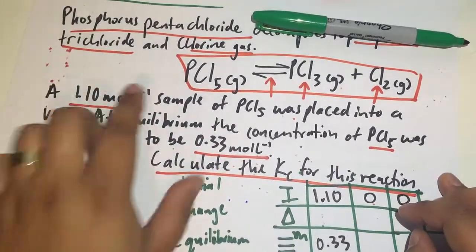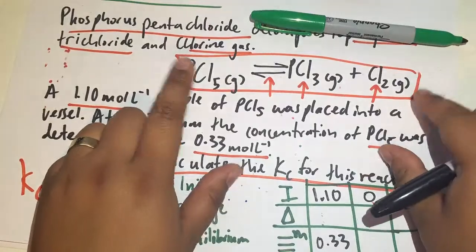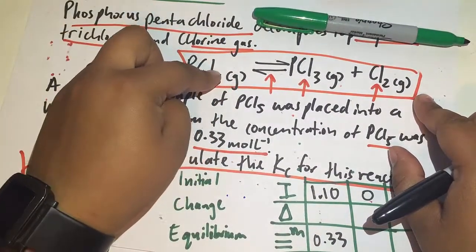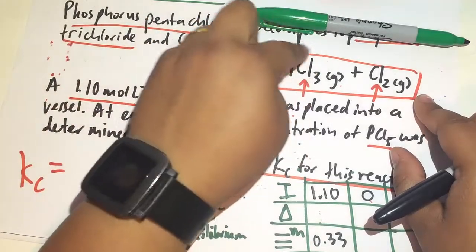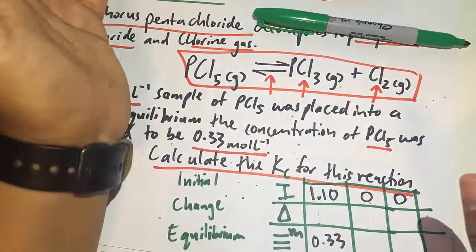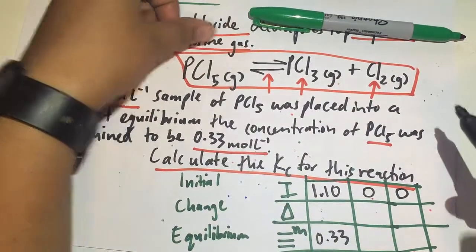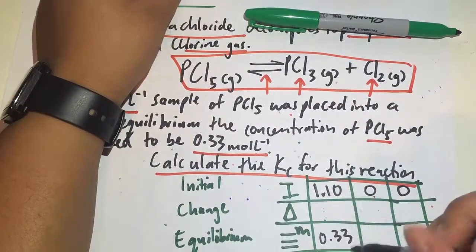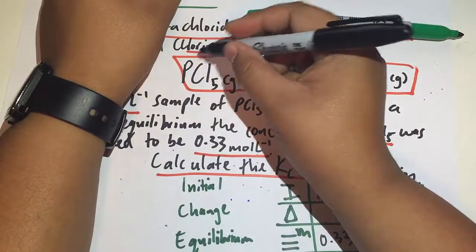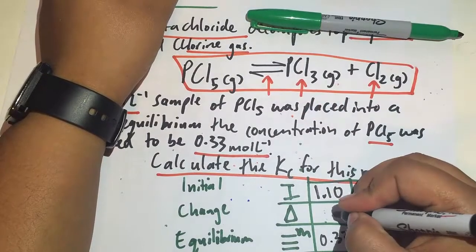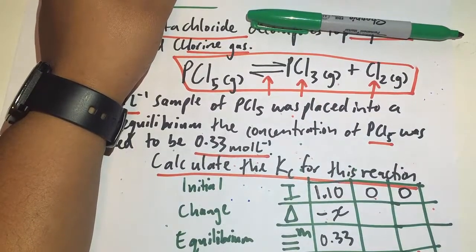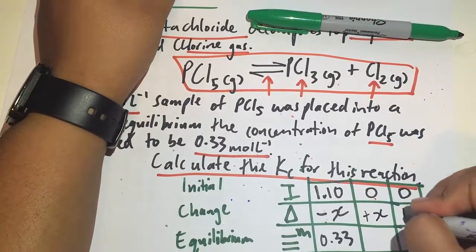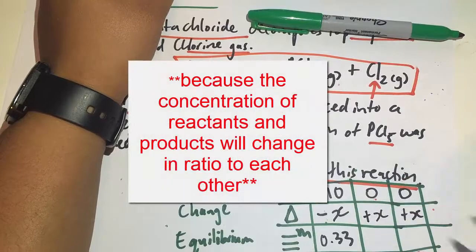What we do now is we have a look at our reaction equation and say, okay, what were the coefficients? Because the idea is that 1 mole of this will decompose to create 1 mole of this and 1 mole of this. So our mole ratios are very important as well. If we've got 1 mole of this turning into 1 mole of that and 1 mole of that, we can say that the change in PCl5 is going to be X. So we're going to lose X, or minus X, and we're going to gain 1 lot of X for each of these because of our mole ratio of 1 to 1.